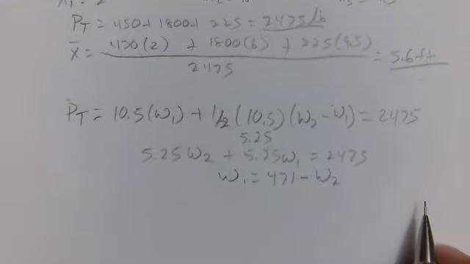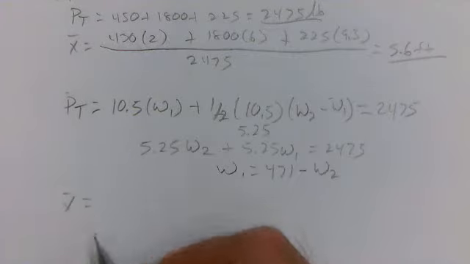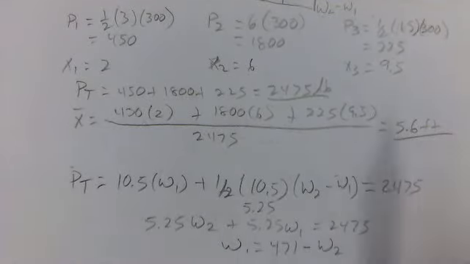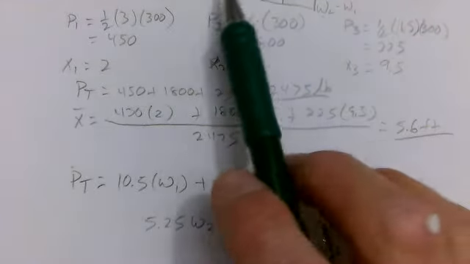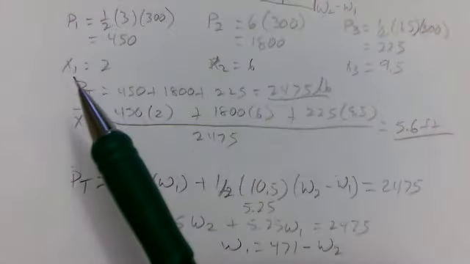Now let's write the equation for x bar. x bar equals the area of this one times the distance.